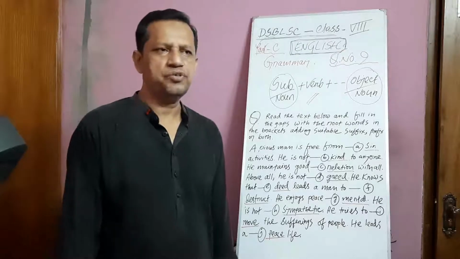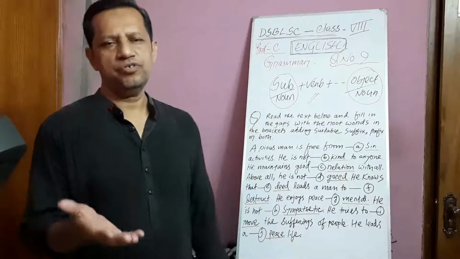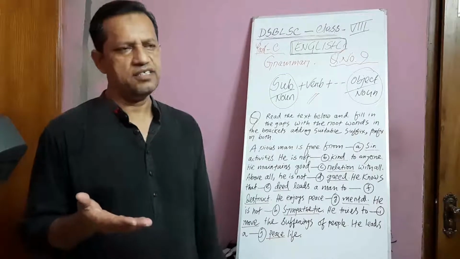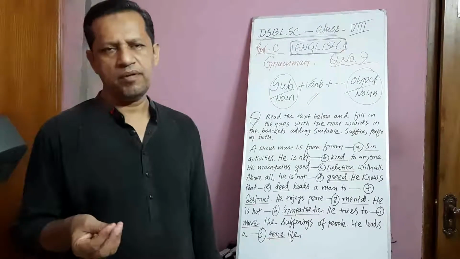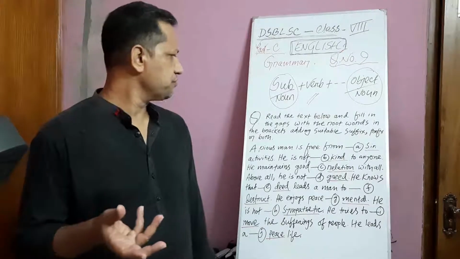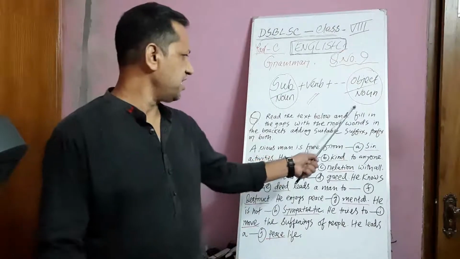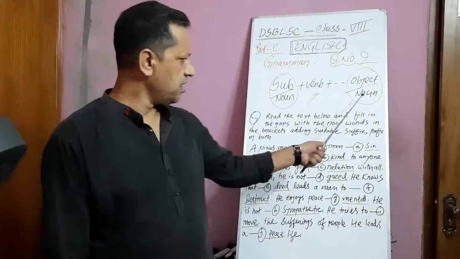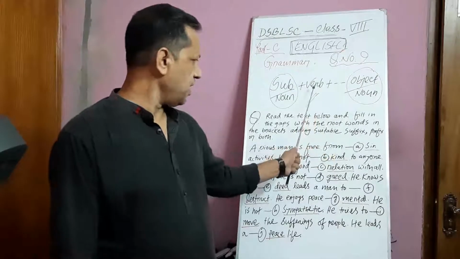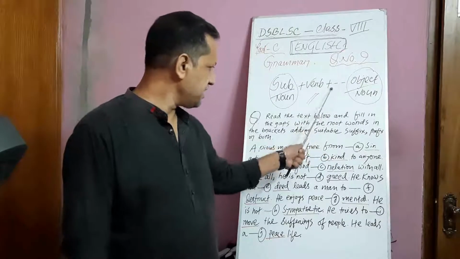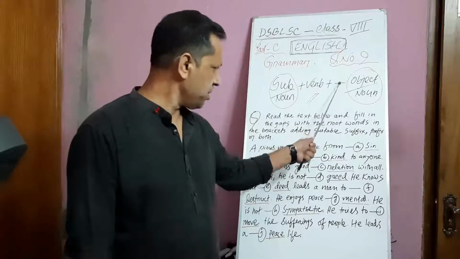So, dear students, I like to advise you for doing well in suffix and prefixes. Dear students, you have to have a good idea about sentence structure, where the subject is used, where the object is used, where the verb is used, and where the adjective or adverb is used.